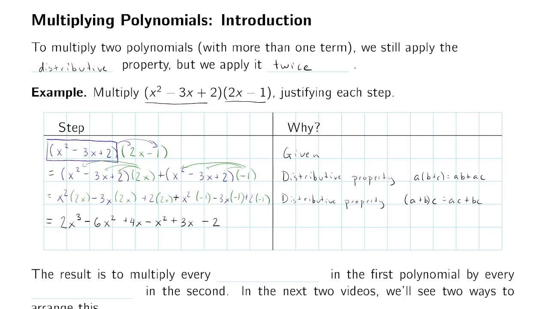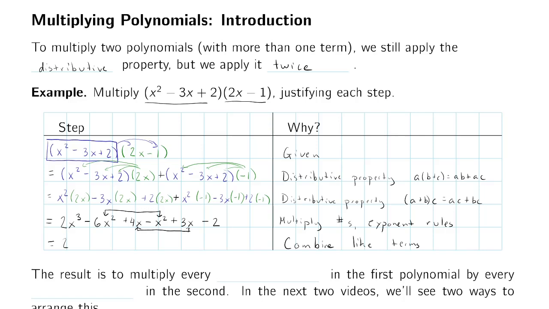And notice that when we did that, we got two pairs of like terms. We sometimes think of these as middle terms. So we multiplied numbers and applied the exponent rules. And our last step is going to be to combine like terms.